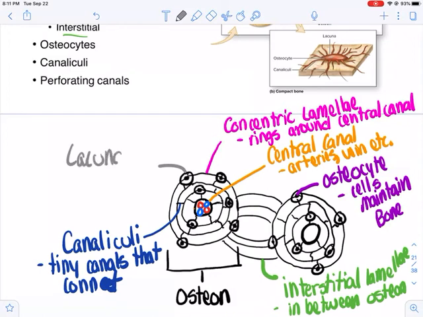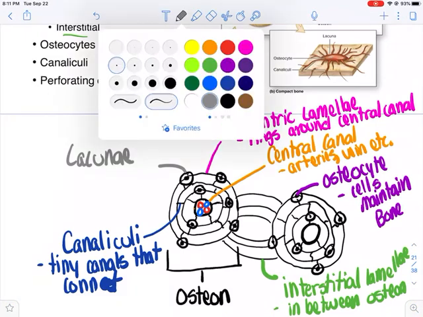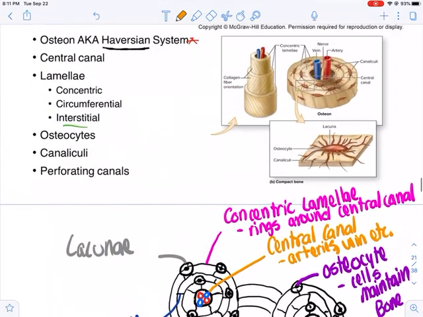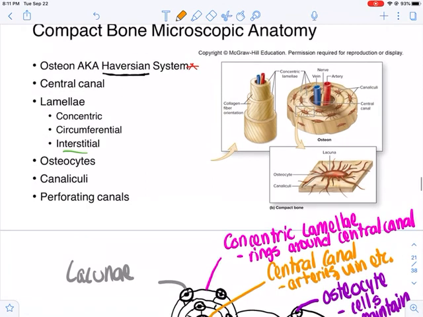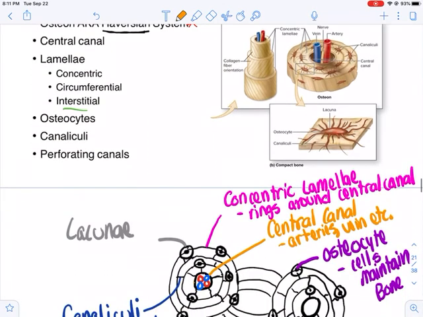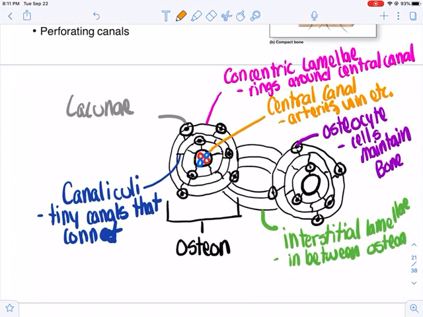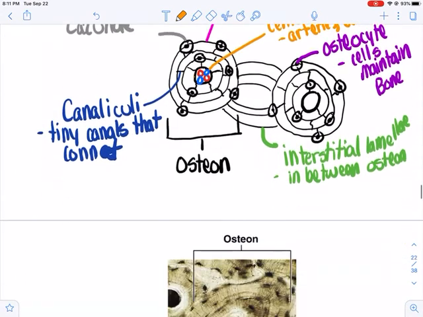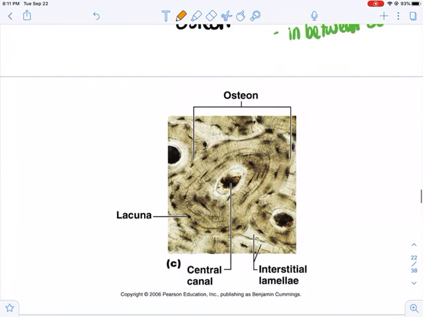And that's called the lacunae. That's the cavity. That's where your osteocyte lives. So that's one of our other big drawings for Chapter 6.